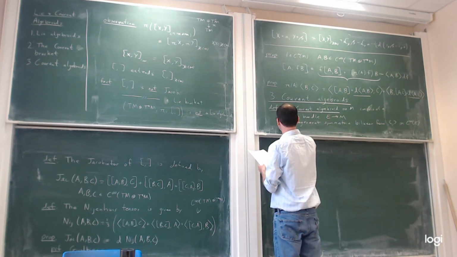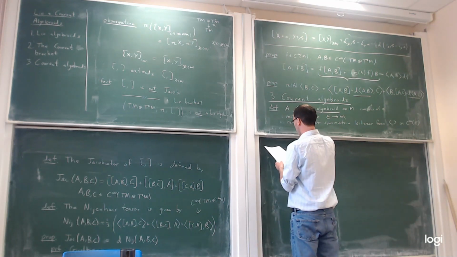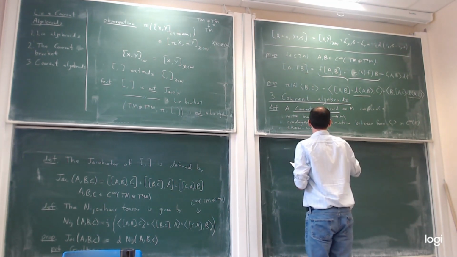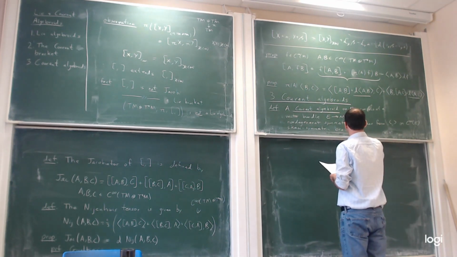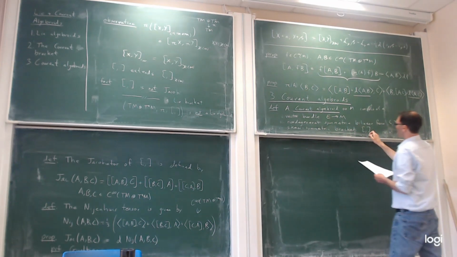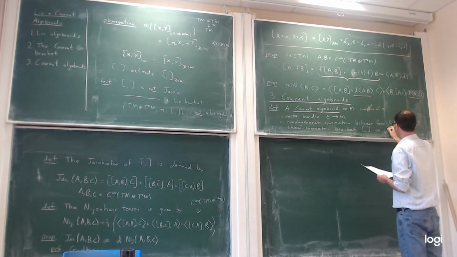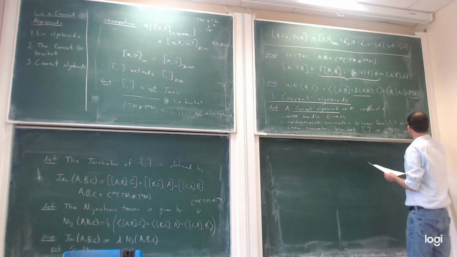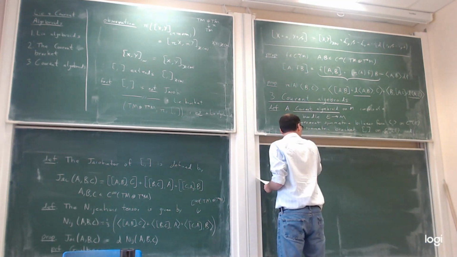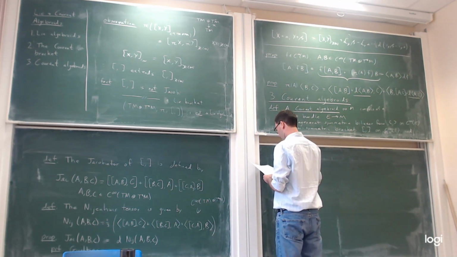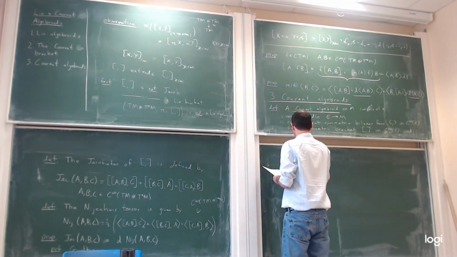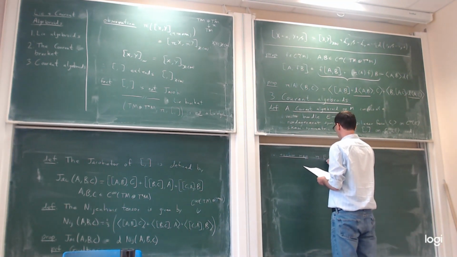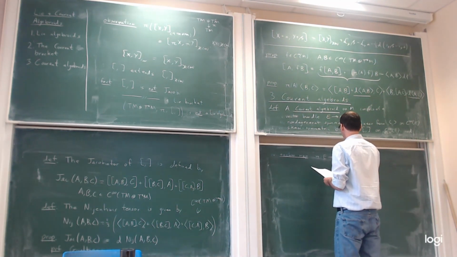Three, a skew symmetric bracket, square brackets, on smooth sections of E. And finally, four, an anchor map, pi, from E to the tangent bundle of M.